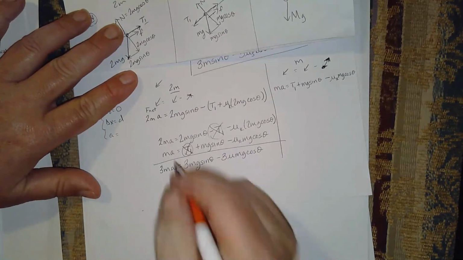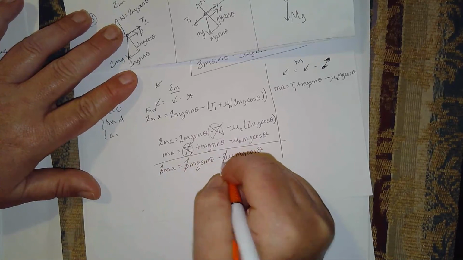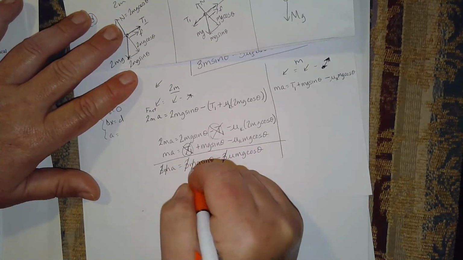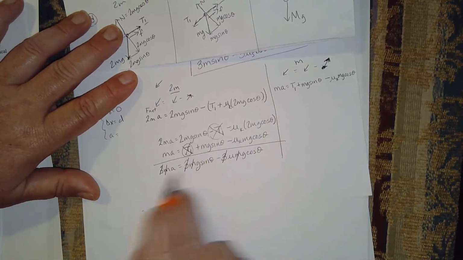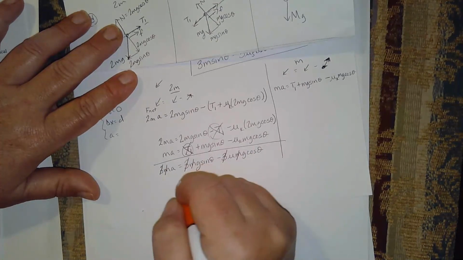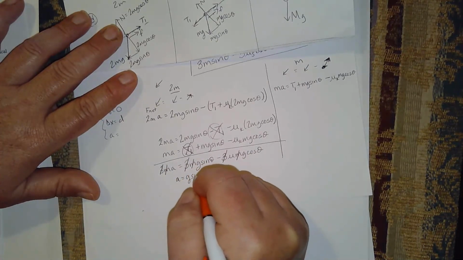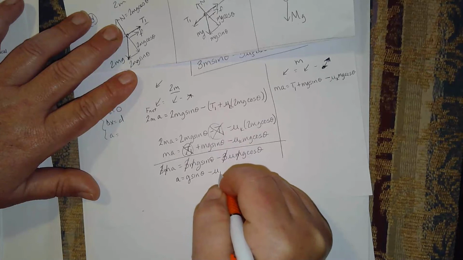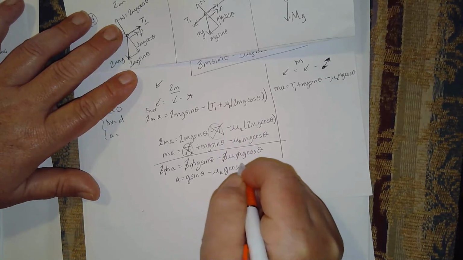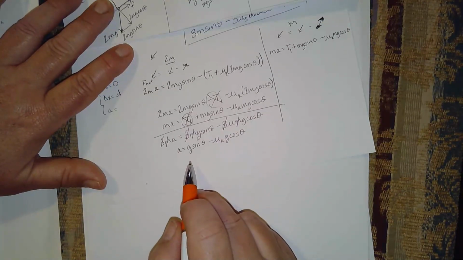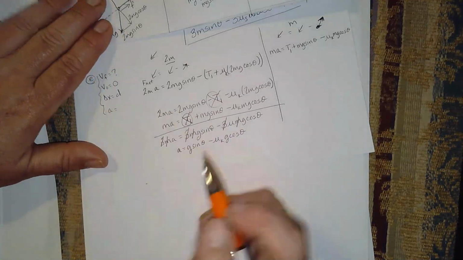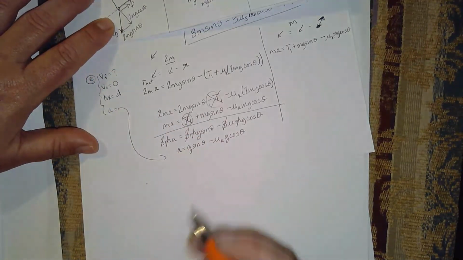So now we can do some elimination. I see a 3 everywhere. I see an m everywhere. So there's my acceleration. Not so clean, but we'll write it out: g sine theta minus mu k g cosine theta. And then I'm going to plug this back into the third kinematic, because now I have my acceleration.